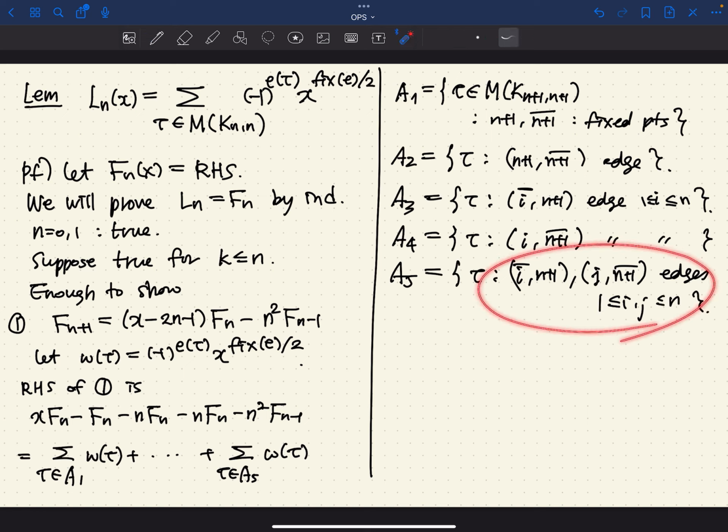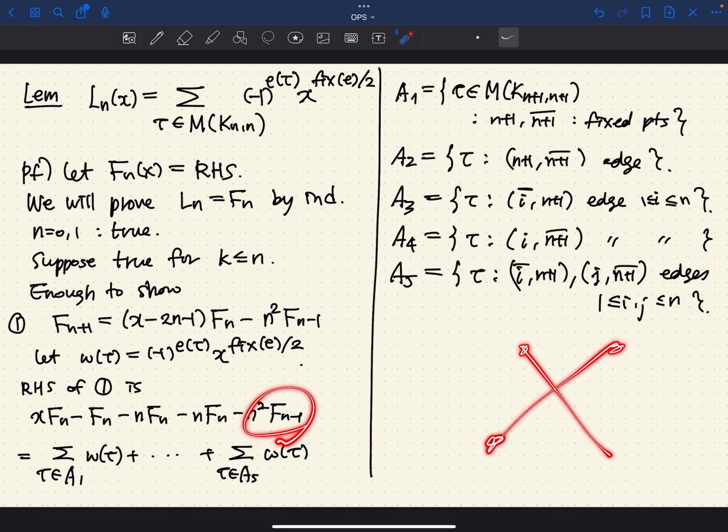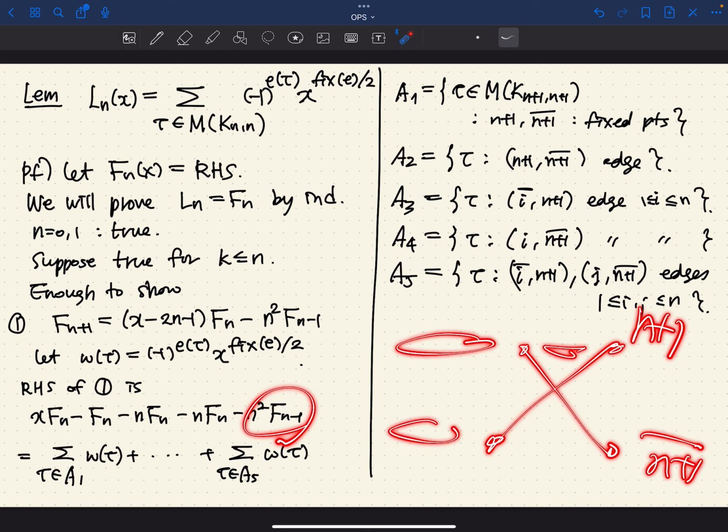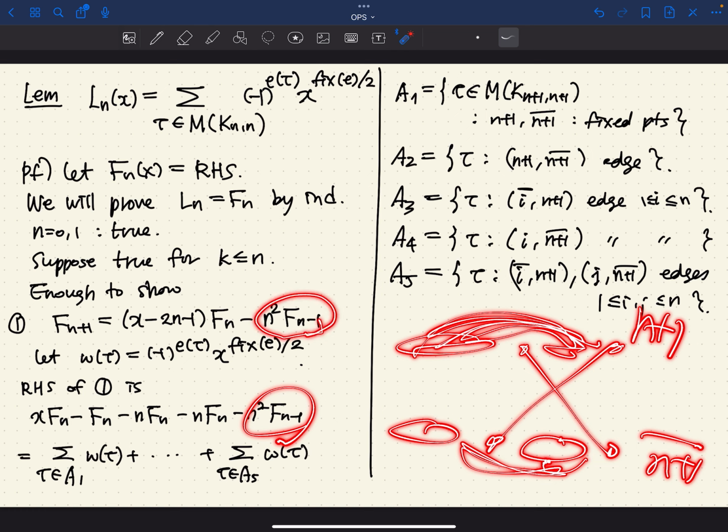This will correspond to this, because we have two edges, like this, n plus 1 and n plus 1 bar. If you consider the remaining things, there are n minus 1 vertices at the top and n minus 1 vertices at the bottom. You just freely connect them. That gives us this.